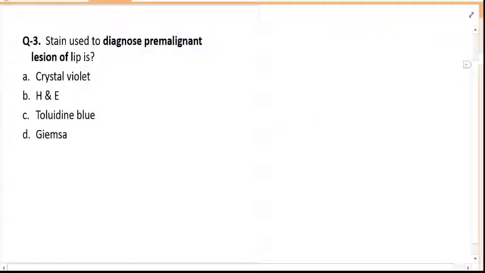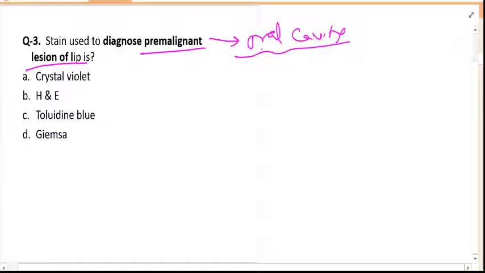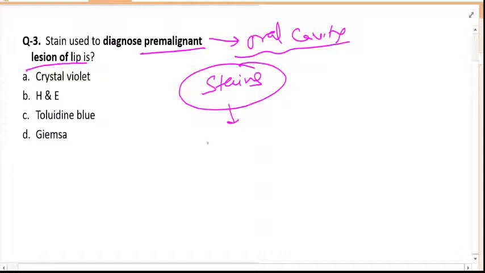Stain used to diagnose pre-malignant lesion of lip. See, pre-malignant lesion of lip, we can say pre-malignant lesion of oral cavity can be diagnosed by some stains. These stains are known as supravital stains. Stains for pre-malignant lesion. You can say there are few stains like vital iodine stain.